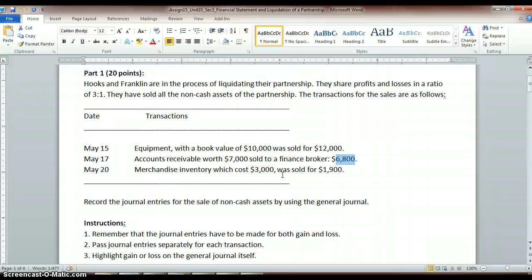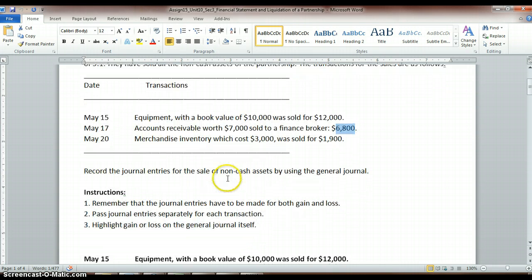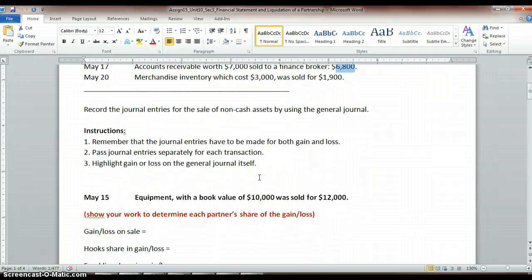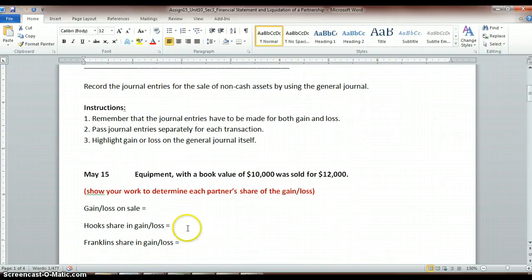And then on May 20th, our merchandise inventory, which cost us $3,000, was sold for $1,900. So we have a loss there. So what we need to do then is figure out each partner's share in each of these losses or gains, and then we're going to journalize those transactions.